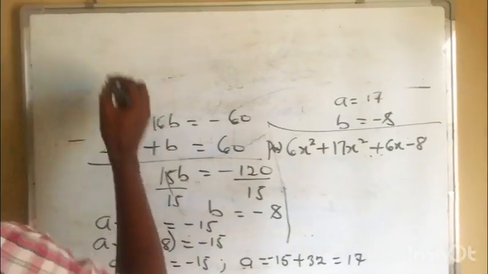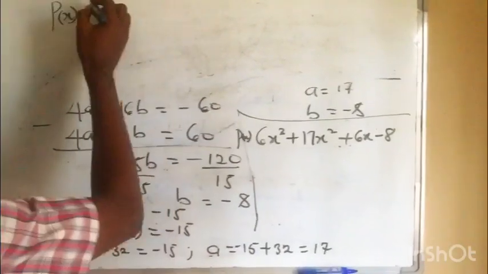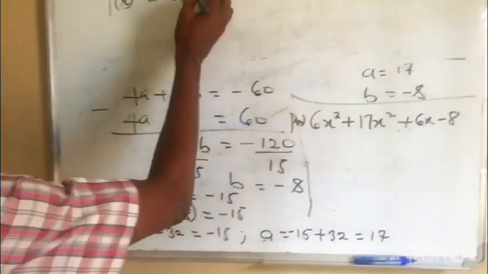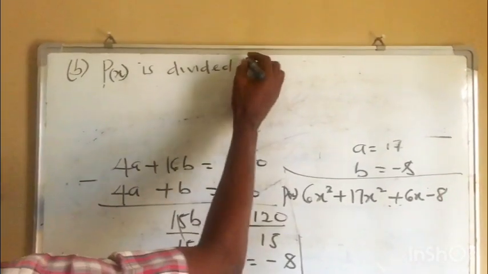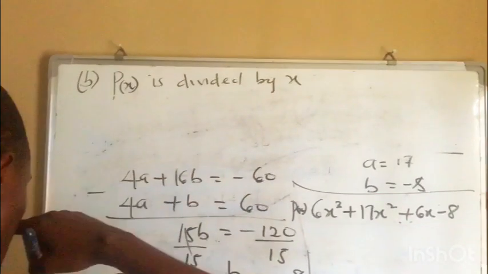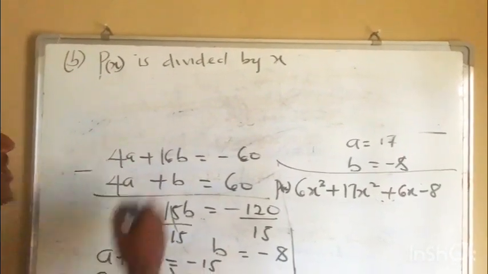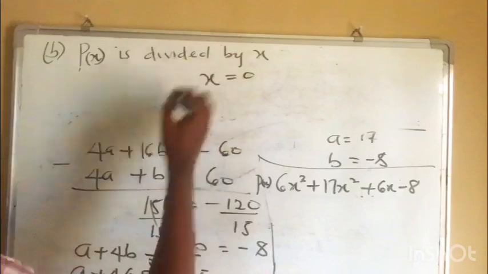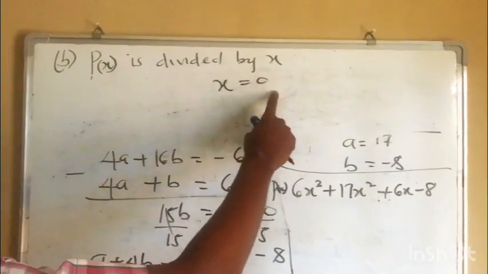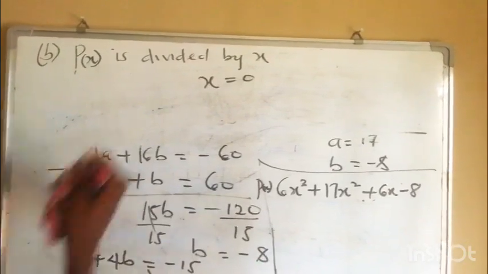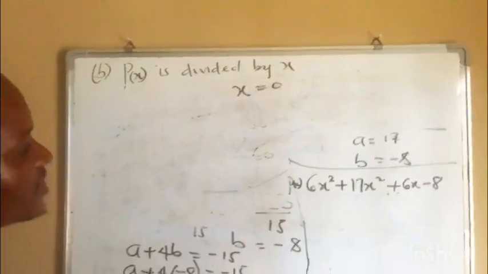Now if you go to part B of that question, it's saying write down the remainder when P of x, which is this, is divided by x. Now if we take x to be the divisor, what we just have there is x equals 0. So if we substitute x equals 0, the value that we get will be our remainder.